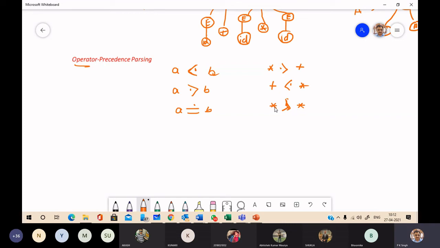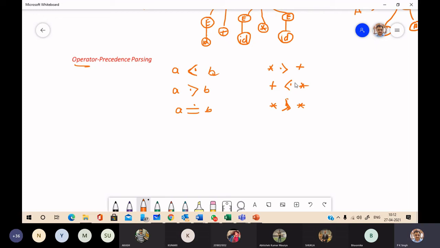Why? Because the multiplication operator is left associative, so the leftmost operator will operate first. If in any expression you have two or more operators having the same precedence, then their evaluation order is decided by their associativity.